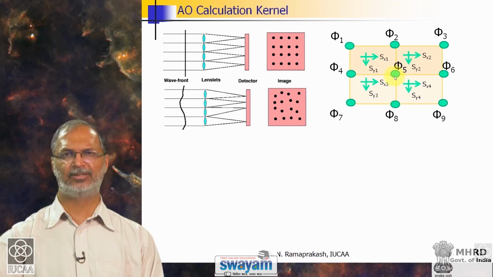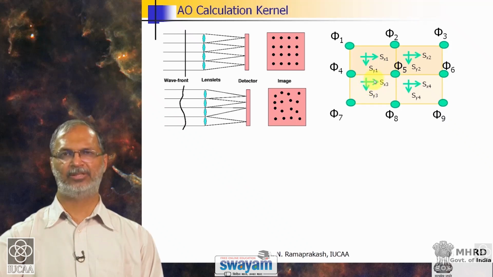You calculate the difference between these two, you calculate the slope in that direction, combine them to calculate the average slope within that aperture. And similarly, the difference between these two and these two, measure the slope in that direction, combine them to give this average slope in that direction.